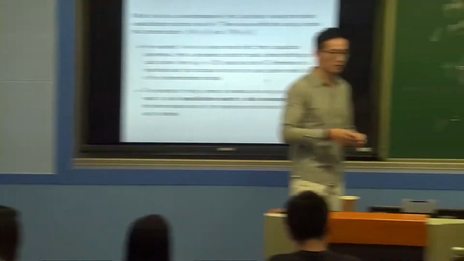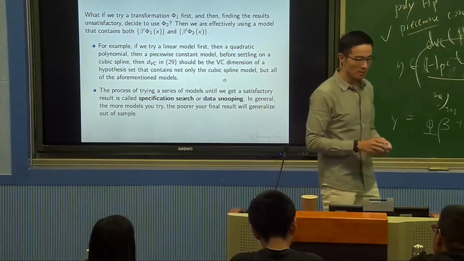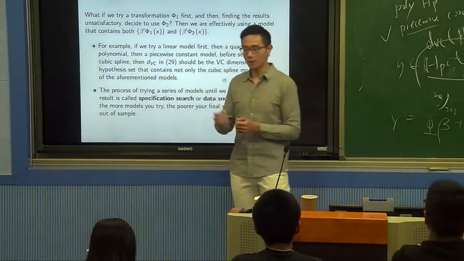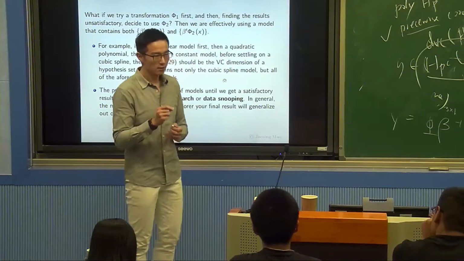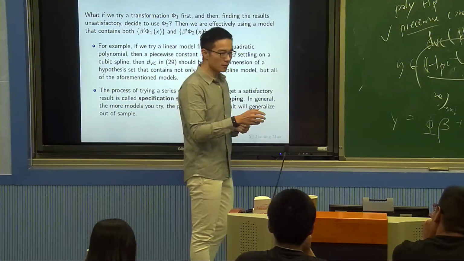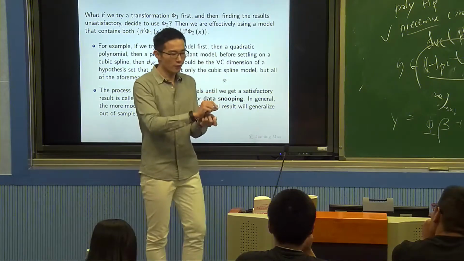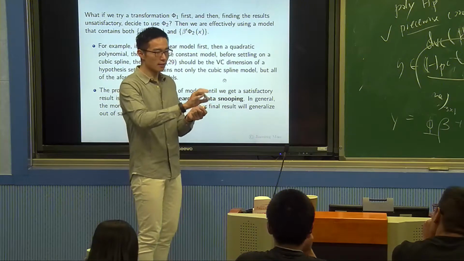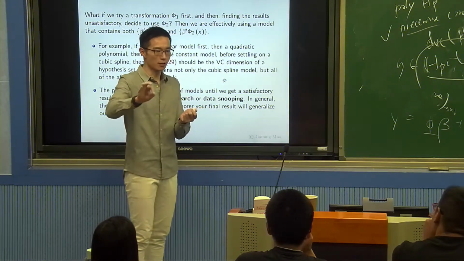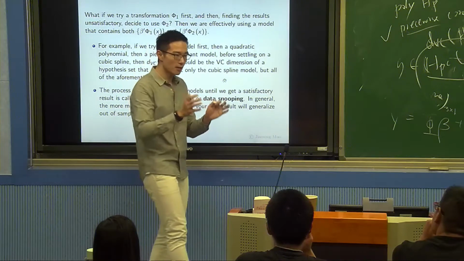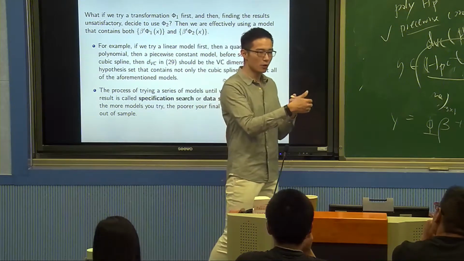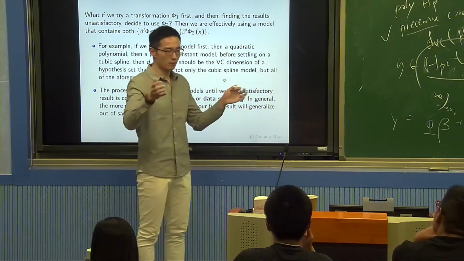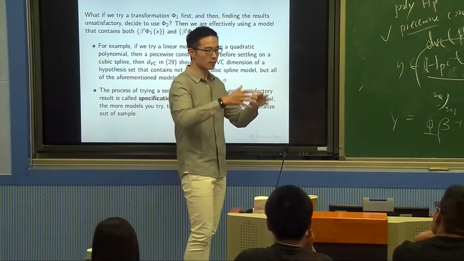Now, this is based on the VC analysis we have already introduced in our foundation lecture. But intuitively, it's also easy to understand. The more models you try, the harder you're trying to fit a specific data set, and the less your final fit is going to be able to generalize to new situations. It's the same idea behind why a more complicated model could give you a worse generalization performance, because a more complicated model means a set containing more hypotheses.